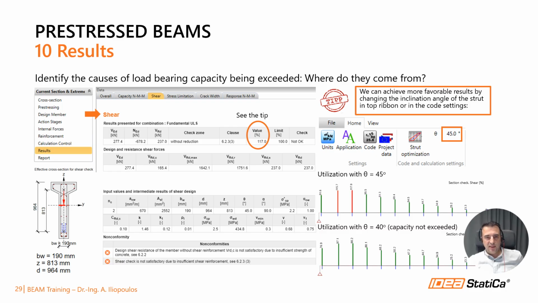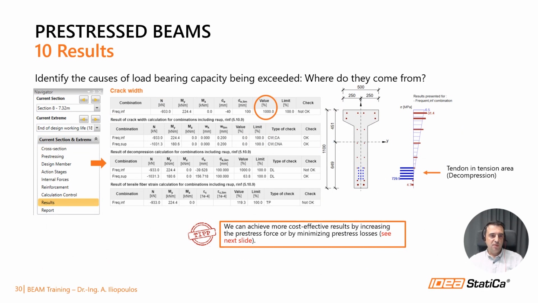By default, the inclination of the compression strut is 45 degrees, but we can change this value. At the bottom right corner, you can see how the results change when we change the value from 45 degrees to 40. So this way we dealt with the shear problem.